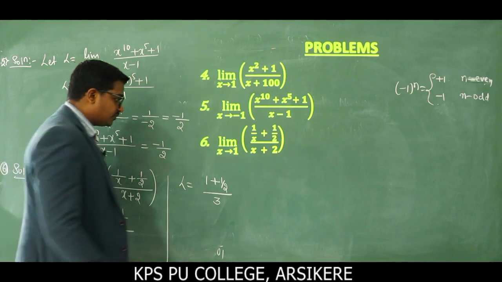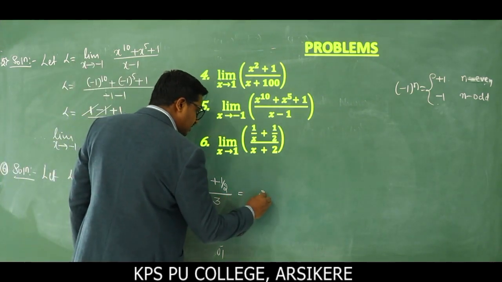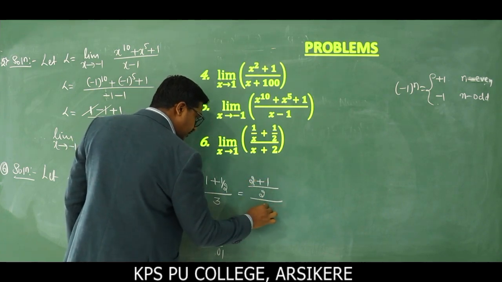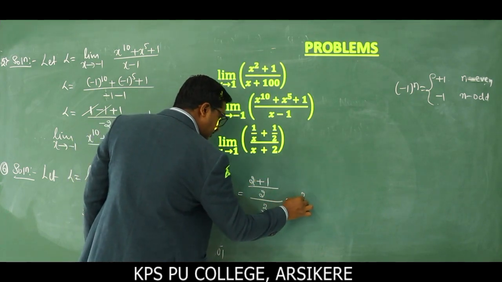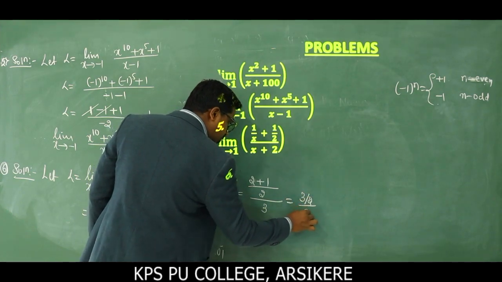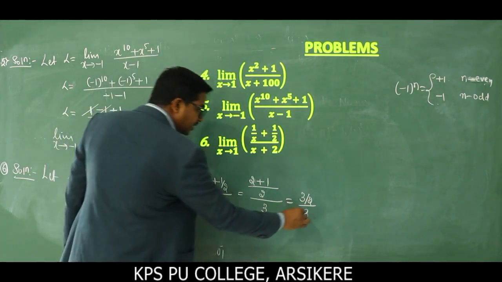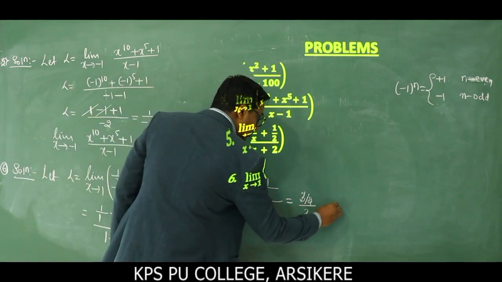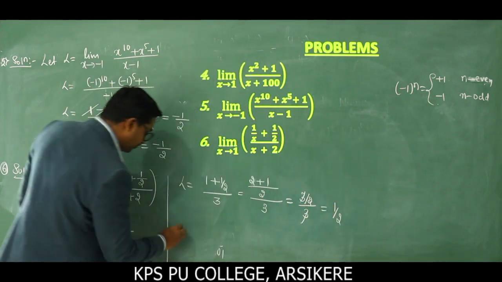Take the LCM for this one. Here 2 is the LCM. So this becomes 2 plus 1 divided by 3. So finally we are left with 3 by 2 in the numerator and the denominator is 3. Here 3 and this get cancelled. So what are we left with? 1 divided by 2.